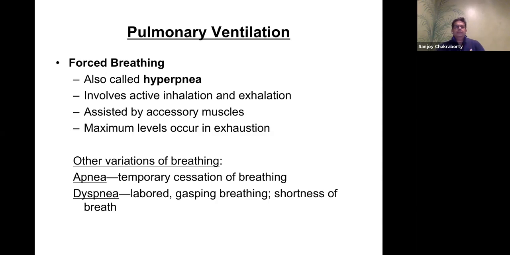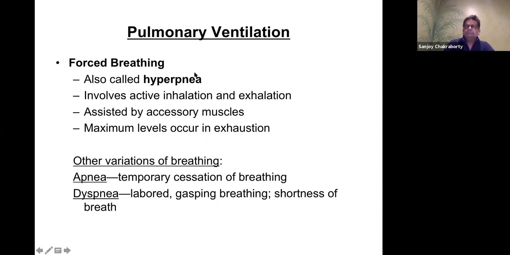So your abdominal muscles get engaged on top of the diaphragm. They are trying to push the diaphragm even more so that you can breathe out more air. And the more air you breathe out, the more air you breathe in.